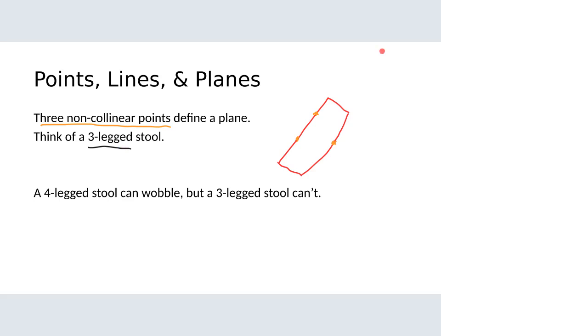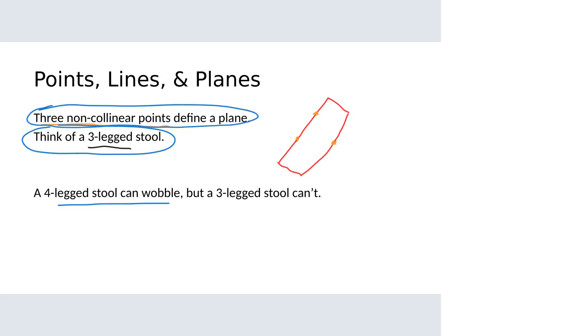If instead you have a 4-legged stool, it can wobble because now you've got 2 different planes you're defining depending on how those legs might wobble back and forth. But a 3-legged stool won't wobble. 3 non-collinear points define a plane.